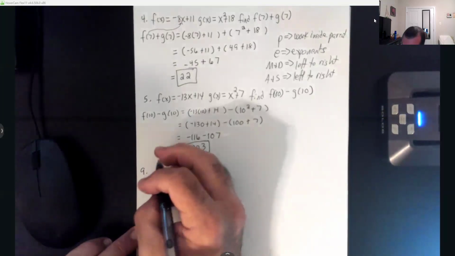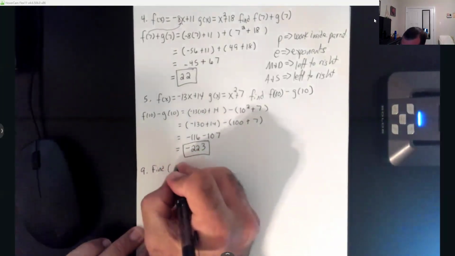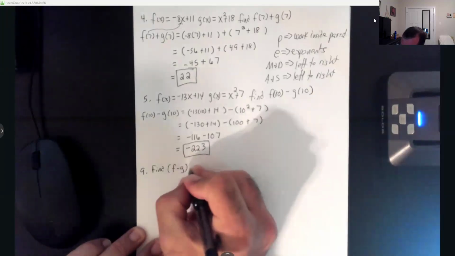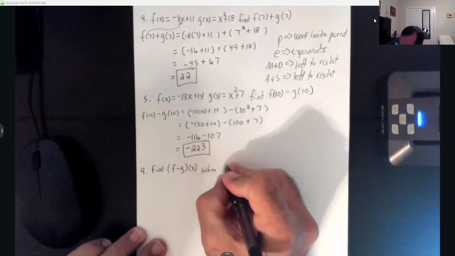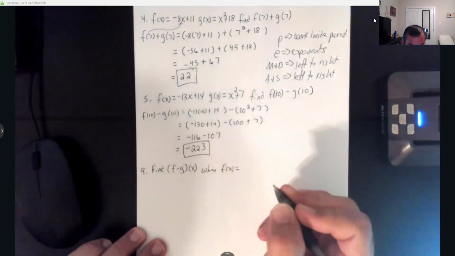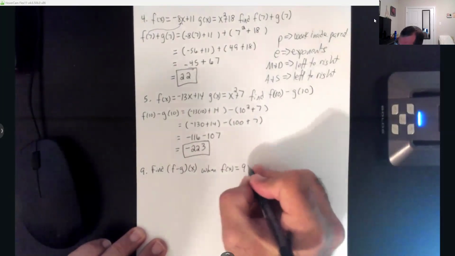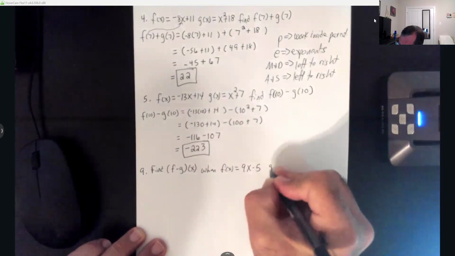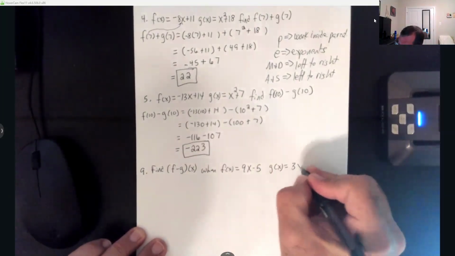So for this one, they want me to find f minus g of x when f of x equals 9x minus 5 and g of x equals 3x minus 8.